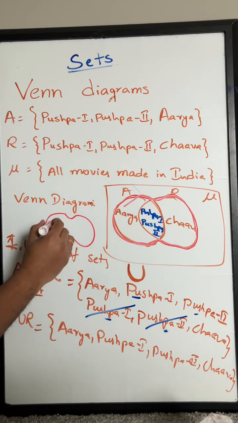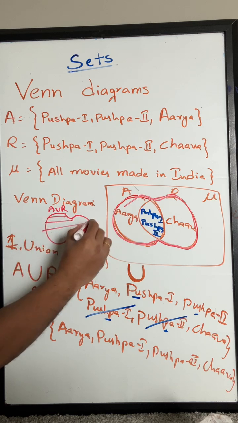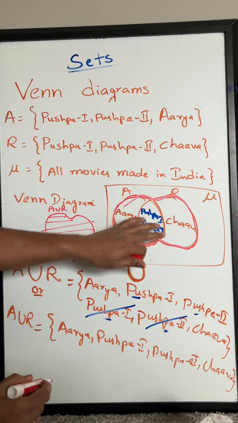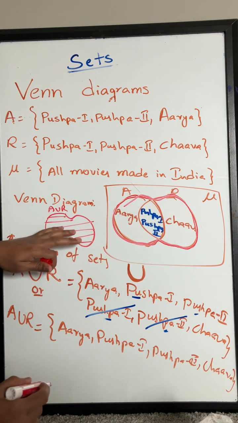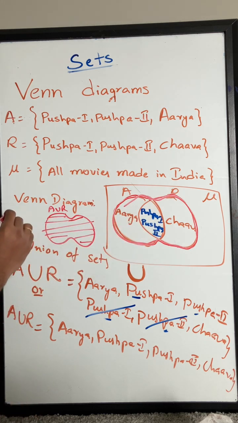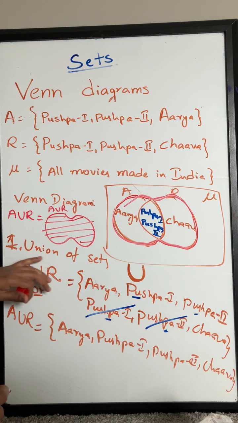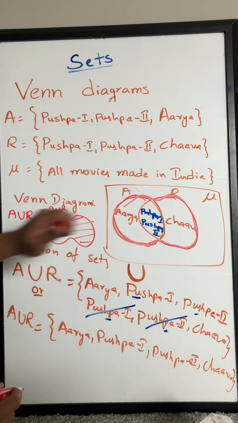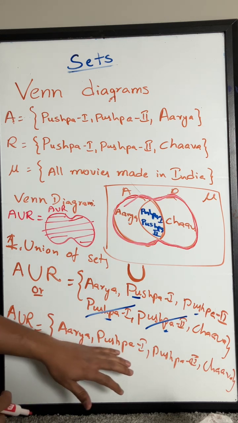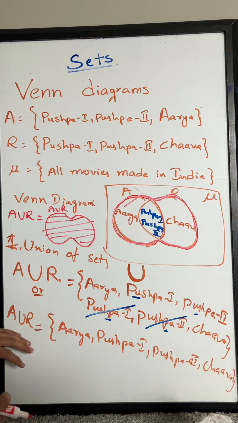This apple area represents A union R: Arya, Pushpa 1, Pushpa 2, Chava. There are no duplicates. This is union of sets. If you want the roster form, it is Arya, Pushpa 1, Pushpa 2, Chava. This is the roster form of A union R.